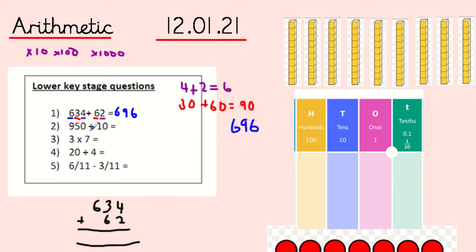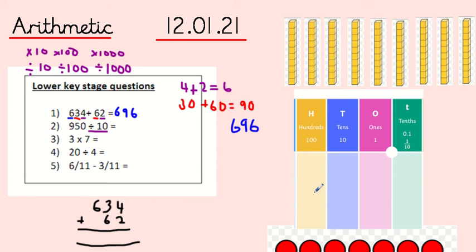And this is exactly the same if I am dividing by 10, 100, or 1,000. Place value charts will help with all of those calculations. And Year 6, you are really familiar with drawing these in your jotters and completing these calculations. So I have no doubt you'll be able to do the same at home.